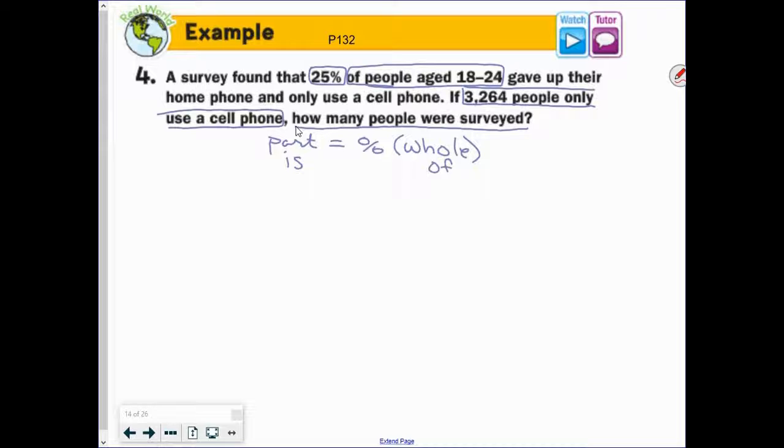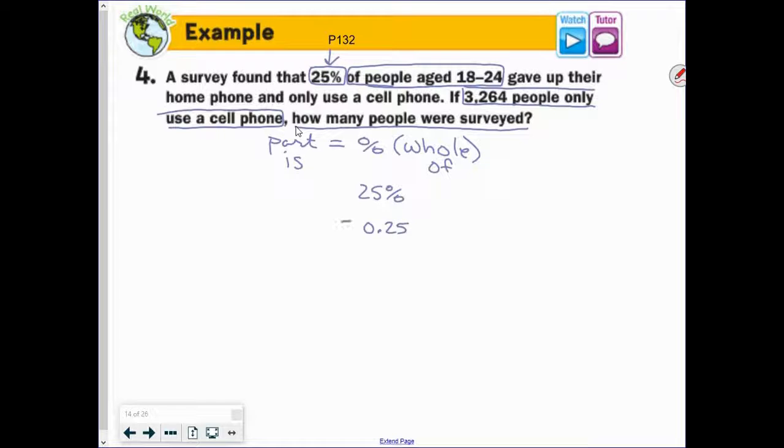For example, if you look in this word problem, you're not going to find the word is. If we don't find the word is, we're going to have trouble finding the part. So we're going to have to actually think about this a little bit differently. What is the one thing that we know for sure out of those three pieces that we have? We have the percent because we have a percent sign. So I can definitely come down here and say, okay, 25 is my percent. So I'm going to use 0.25.